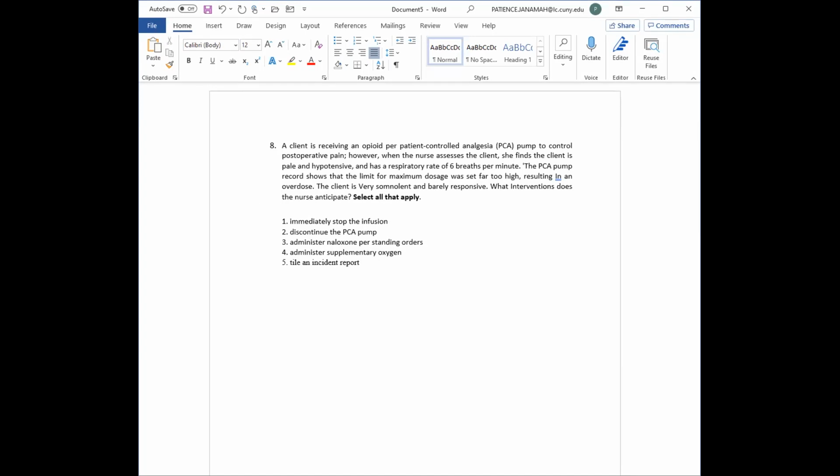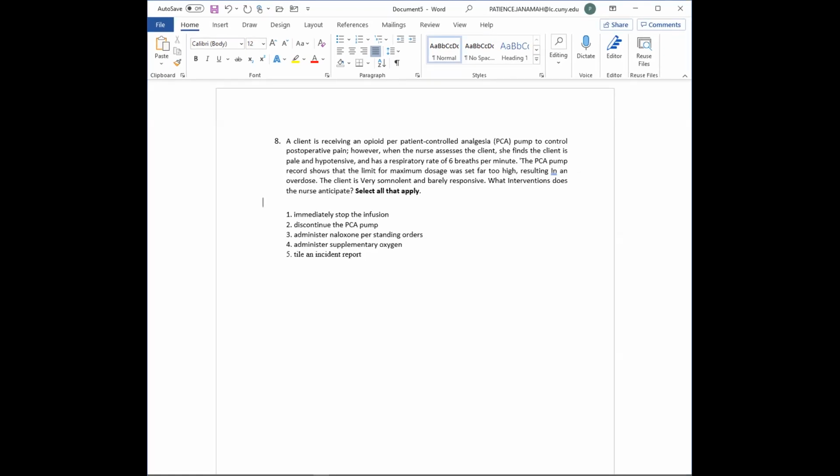Okay, so a client is receiving an opioid patient-controlled analgesia pump to control post-operative pain. However, when the nurse assesses the client, she finds the client is pale and hypotensive, with a respiratory rate of 6 breaths per minute.